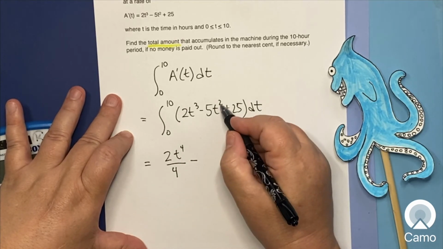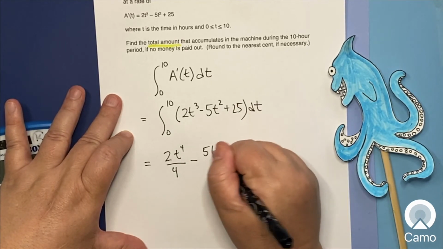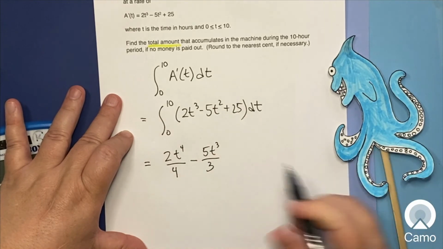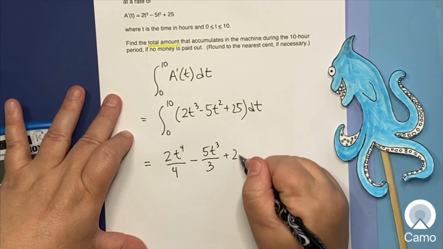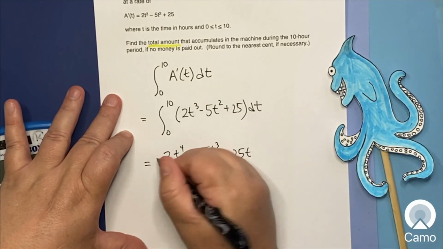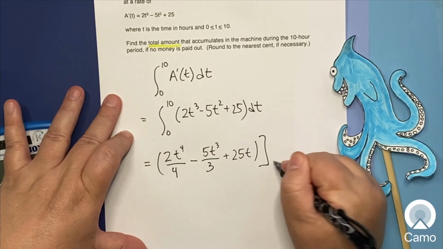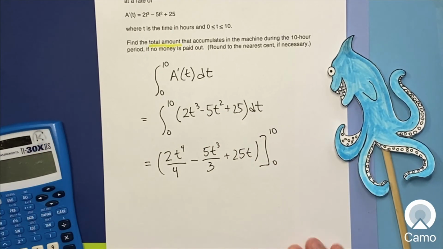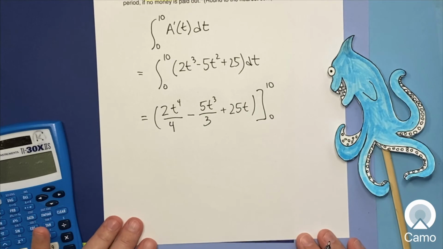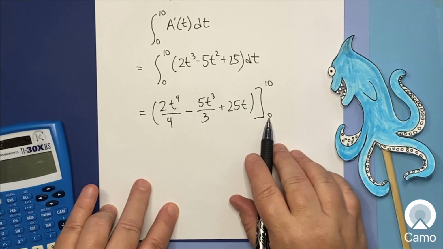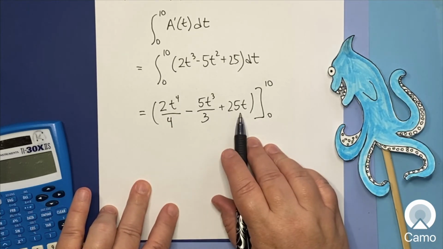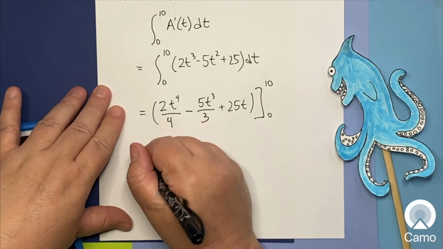This was t squared, it's now t cubed. This was 25, it's now 25t. And we go from 0 to 10. Now in this one, if we evaluate this when t equals 0, we will get 0.